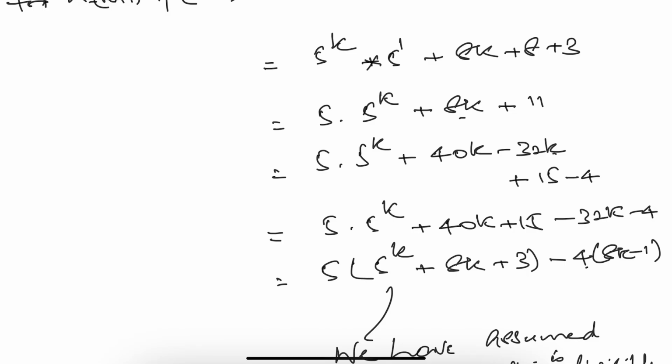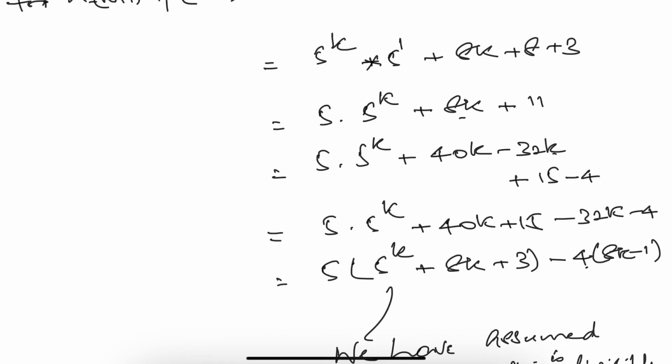But we have 5 times 5 to the power of k. We assume that 5 to the power of k plus 8k plus 3 is divisible by 4, so we need to get that function. But the 5 to the power of k is multiplied by 5.